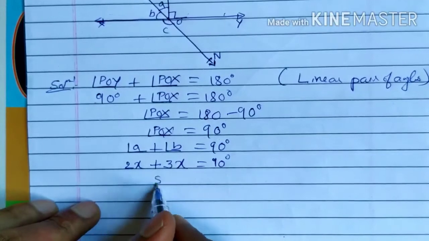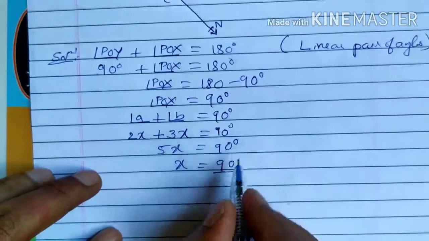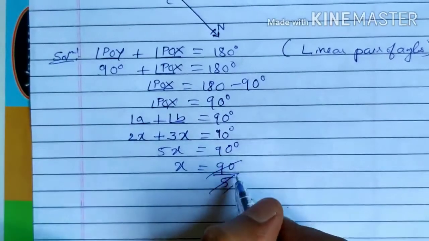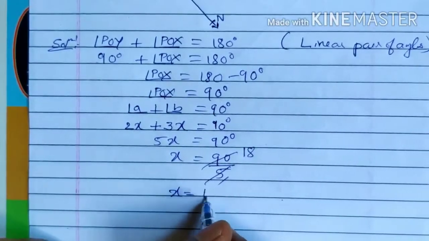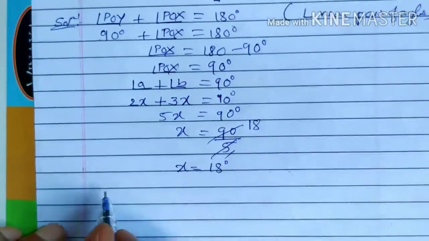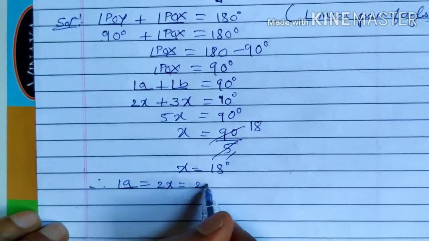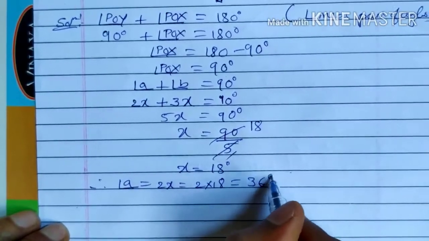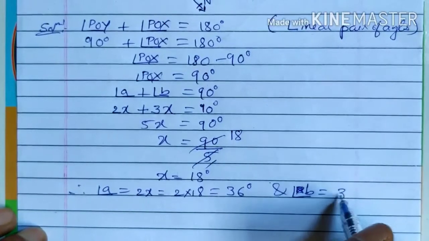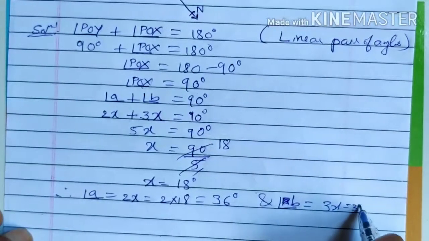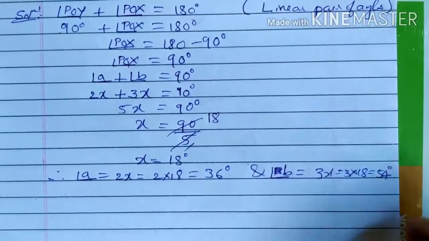So 2x plus 3x is 5x, equal to 90, and x is equal to 90 by 5. X is equal to 18 degrees. Therefore angle A is 2x, that is 2 into 18, which is 36 degrees, and angle B is 3x, that is 3 into 18, which is 54 degrees.